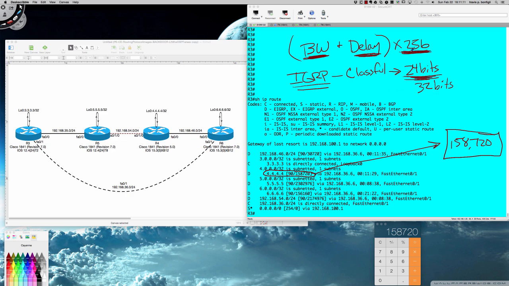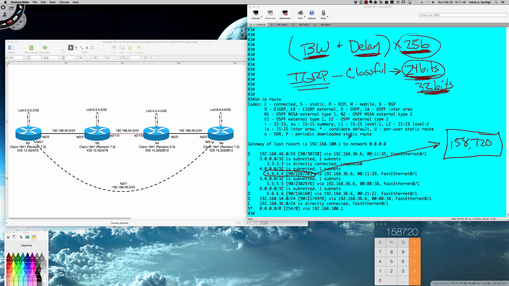That's why it gets multiplied by 256, because this is one of the things that was taken from IGRP when EIGRP was created. That is why you will often see in that big equation things being multiplied by 256, because initially IGRP was only 24 bits. So by multiplying by 256, it makes the values 32 bits. So that's why you see this times 256.